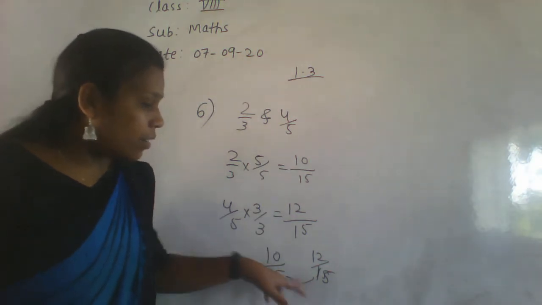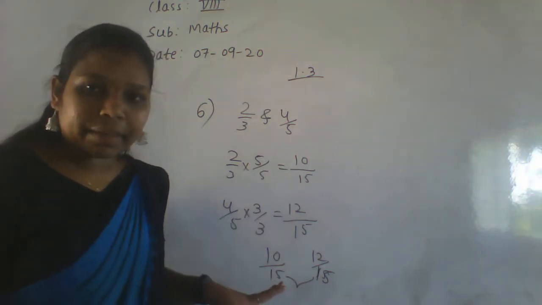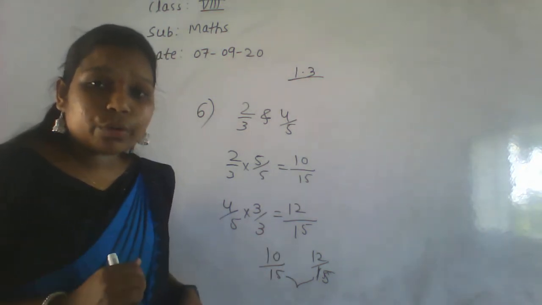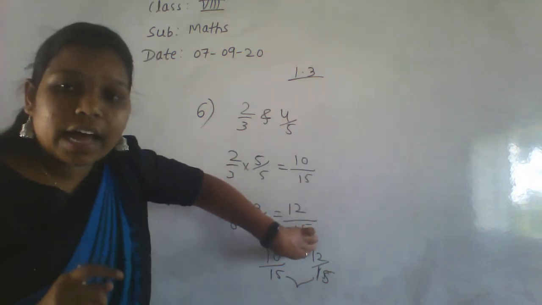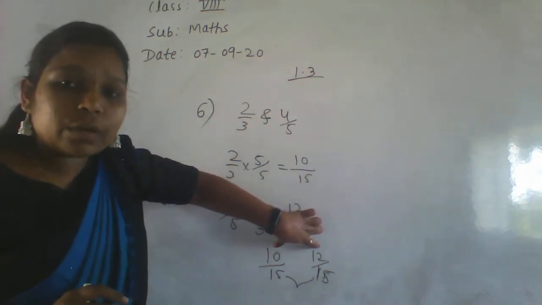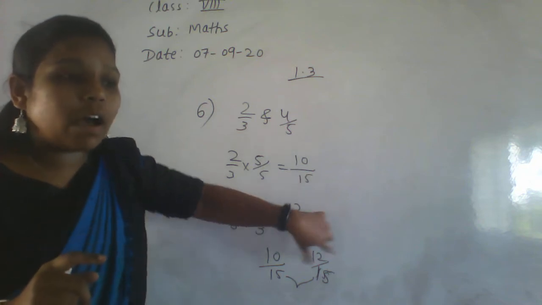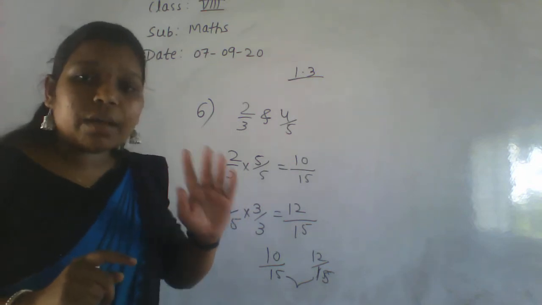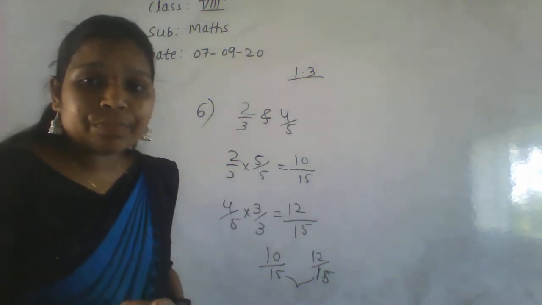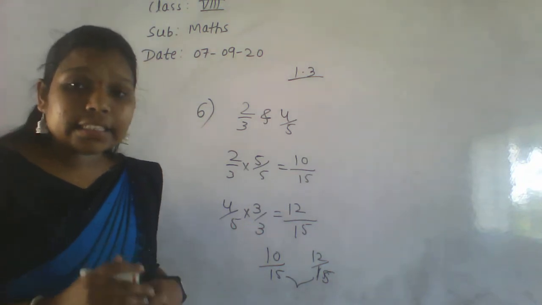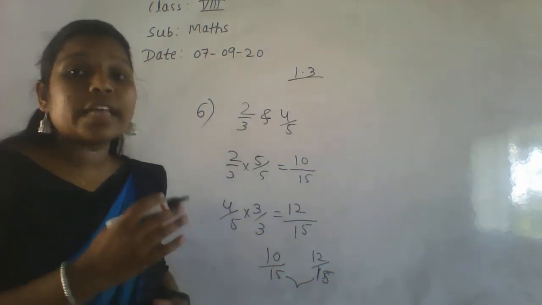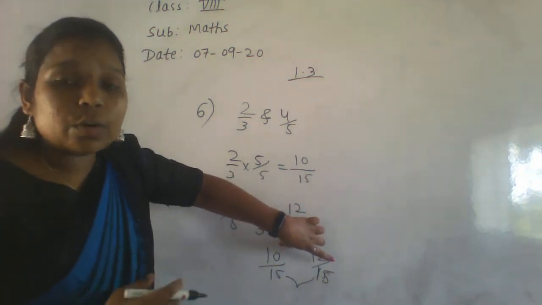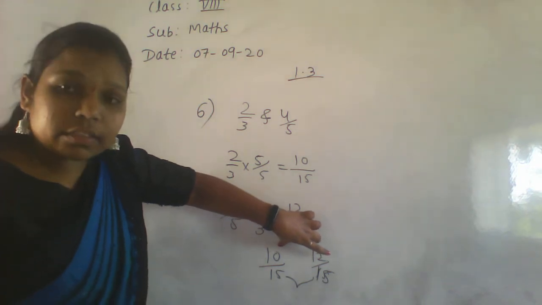We did that here with the multiplication. Next, the second step is to take the difference of the numerator values. The difference of the numerators should be greater than 5, because they told us to write 5 rational numbers. If they told 10 rational numbers, then the difference should be more than 10. Like that we have to get it in the numerator values. Then only can we write the rational numbers in between these two rational numbers.